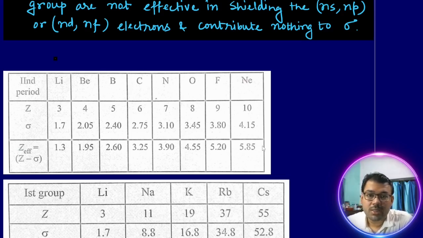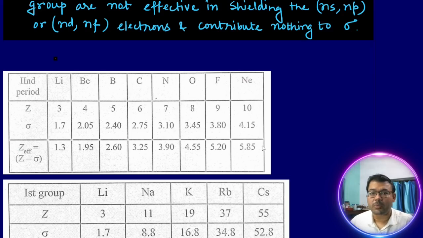If the effective nuclear charge increases, the valence shell shrinks towards the nucleus and the atomic size is reduced. For this reduced atomic size, the ionization energy increases, the electronegativity of that atom increases, and the electron affinity increases.